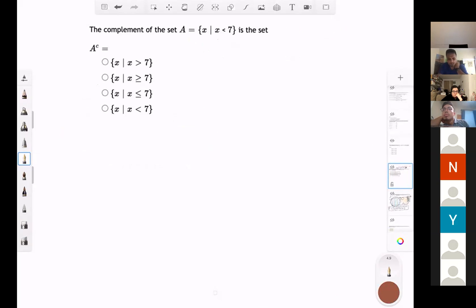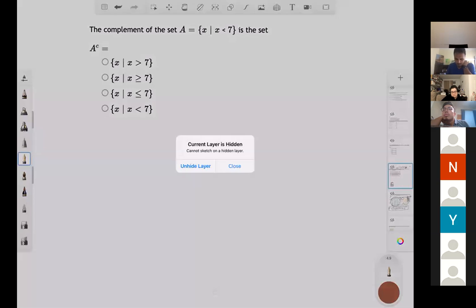The complement of set A is... Musa, what do you think the complement will be? The second one, x is greater than or equal to.